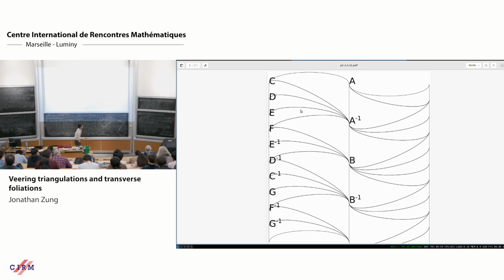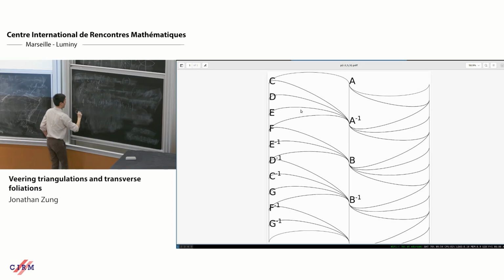So I'm going to define this set Z in R^2. That's the closure of the set of slopes S1, S2 such that phi on M of S1, S2 admits a transverse foliation.